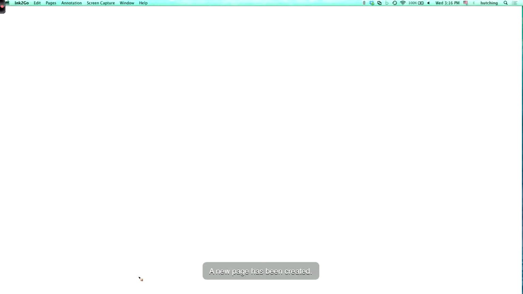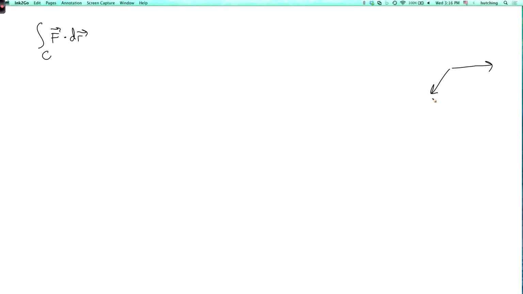So what's the integral over C of f dot dr? Well, I need a parameterization of the curve C, so let's draw the picture again. So here's my domain D over the surface S with its curve C. Now let's look at the boundary of the domain D in the xy plane. Let's call that C0.